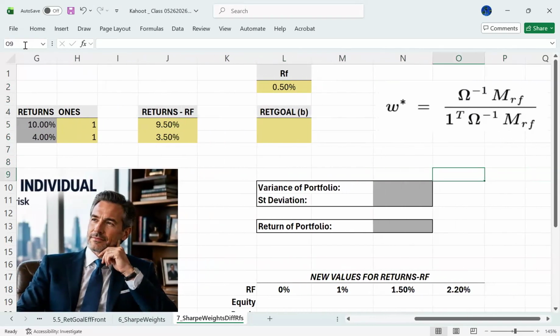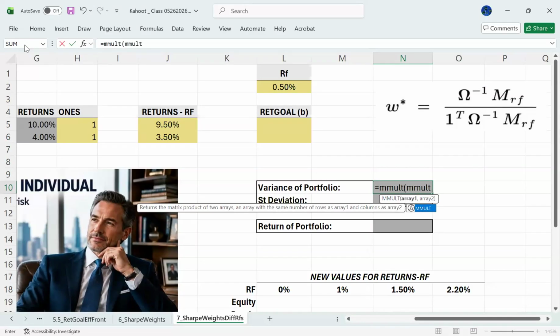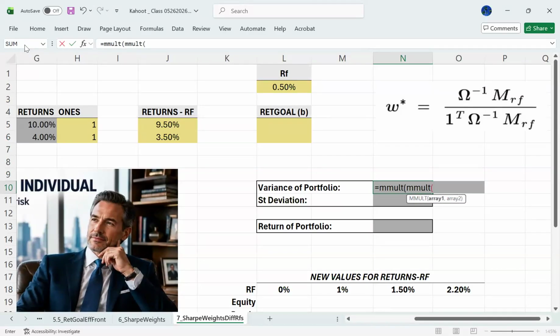Now we can work here with the variance and MMULT. If you are not familiar with this formula, you can go back to the first video covering the variance and the minimum variance allocation, where I go over this in detail.